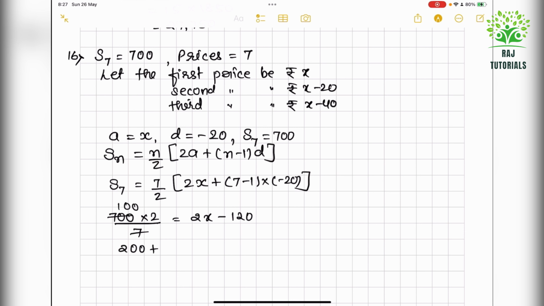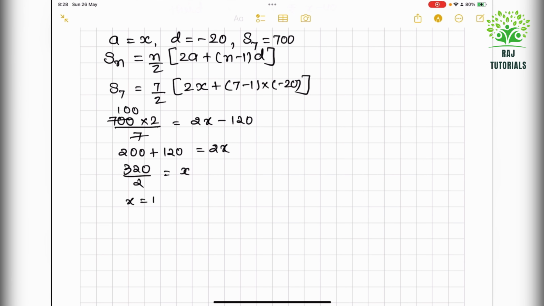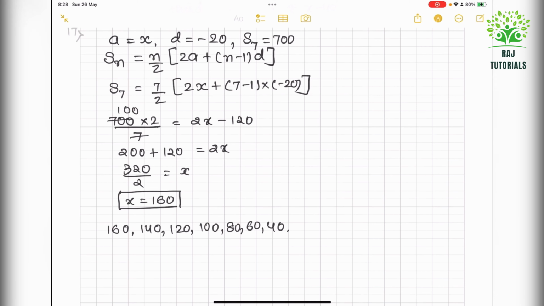So 200 plus 120 equal to 2x. So 320 by 2 equal to x. X equal to 160 rupees. So the first prize is 160. So I can say the AP will be 160, 140, 120, 100, 80, 60 and 40.